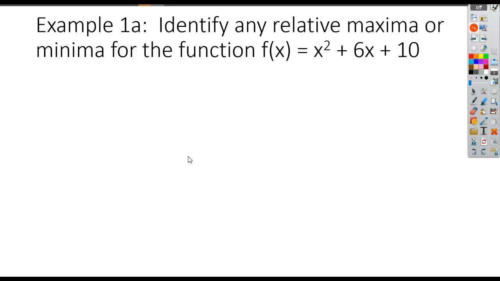Example 1a. Identify any relative maxima or minima for this function here. All right, so step 1 is, as we said, to identify any discontinuities. Well, since this is a polynomial, there are no discontinuities.